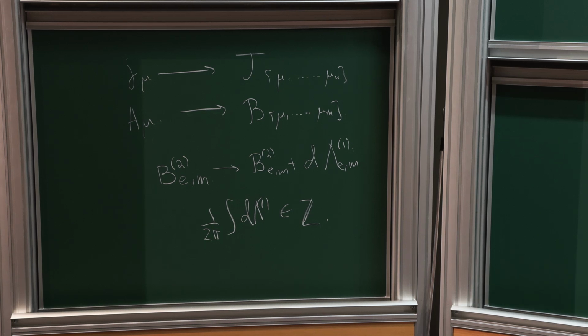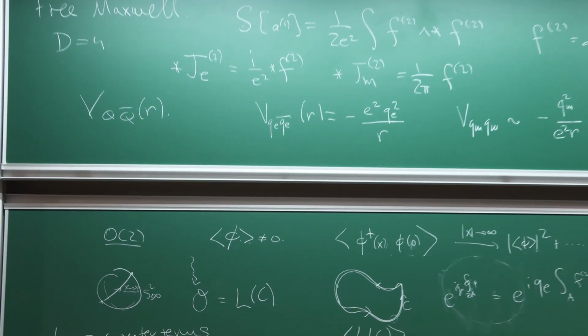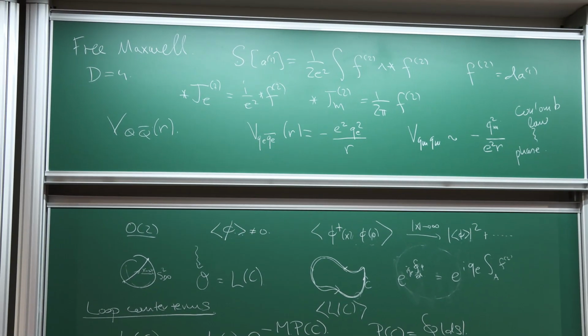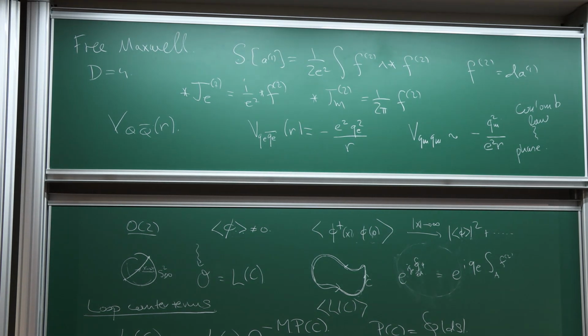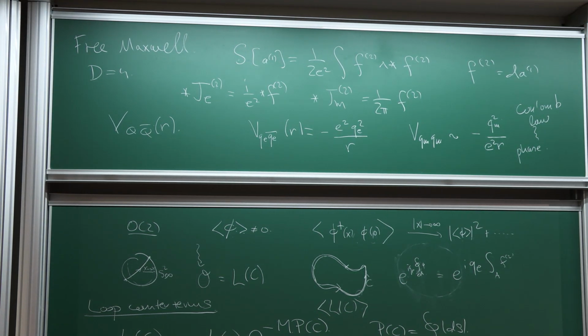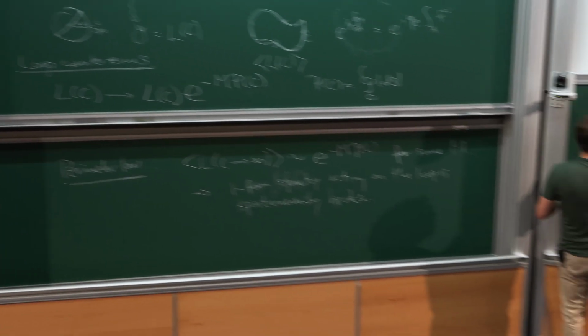So what we have to figure out is how to take the Maxwell Lagrangian up on the first line up there and couple it to B_E and B_M in such a way that the resulting theory is invariant under these background gauge transformations. And I claim that the correct way to do that is to write the following action.